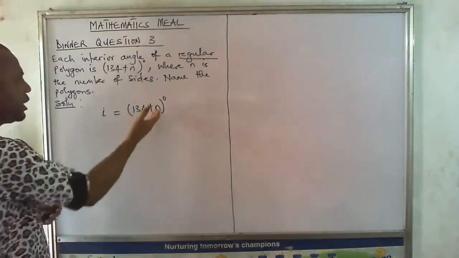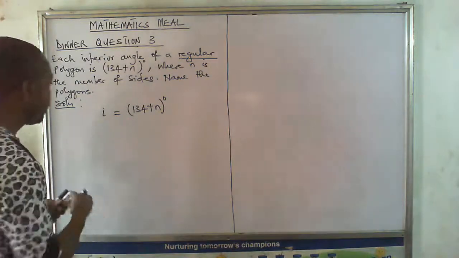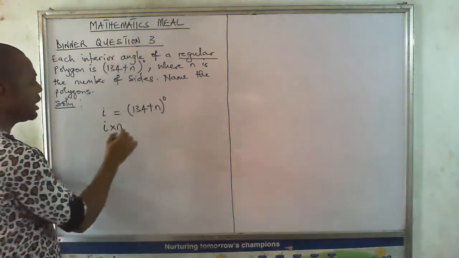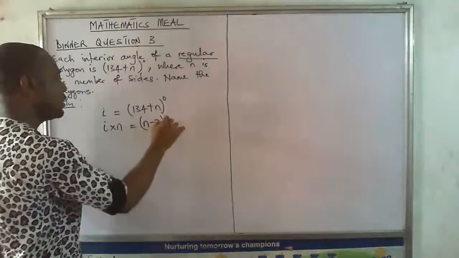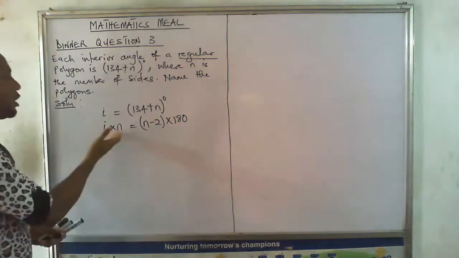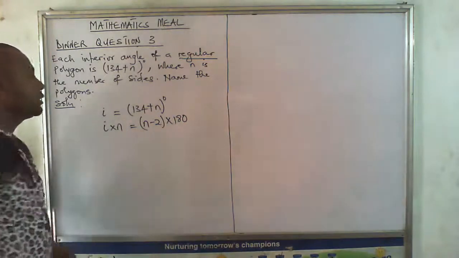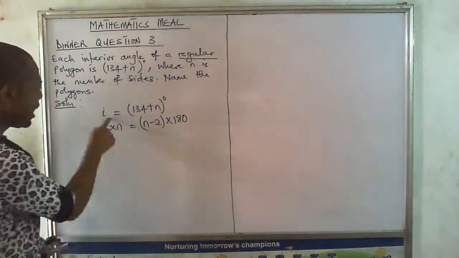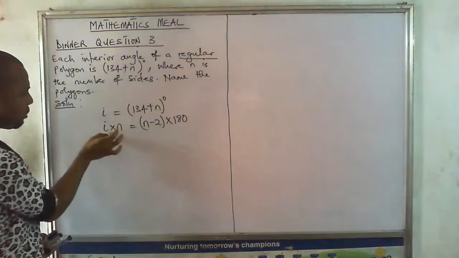Now, is there any relationship between n, which is the number of sides, and the interior angle? Yes. In one of our videos, we generated that relationship: I times n is equal to n minus 2 times 180, for regular polygons only. That is, each interior angle times the number of sides gives us the sum of the interior angles. So I have two equations in n and I. If I is 134 plus n, I can use this to replace I here.